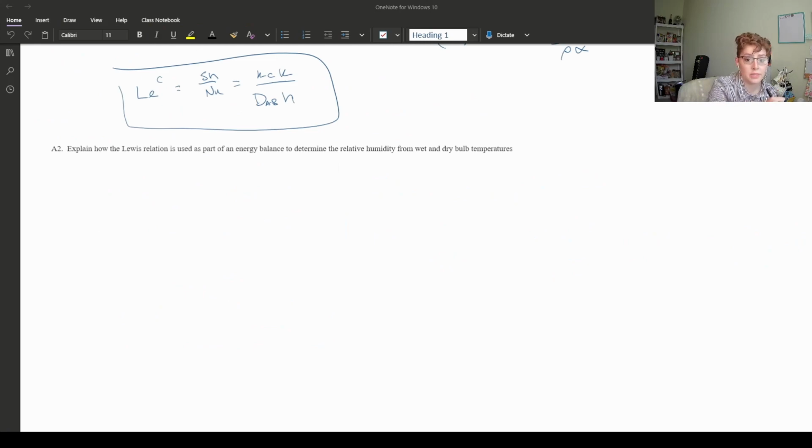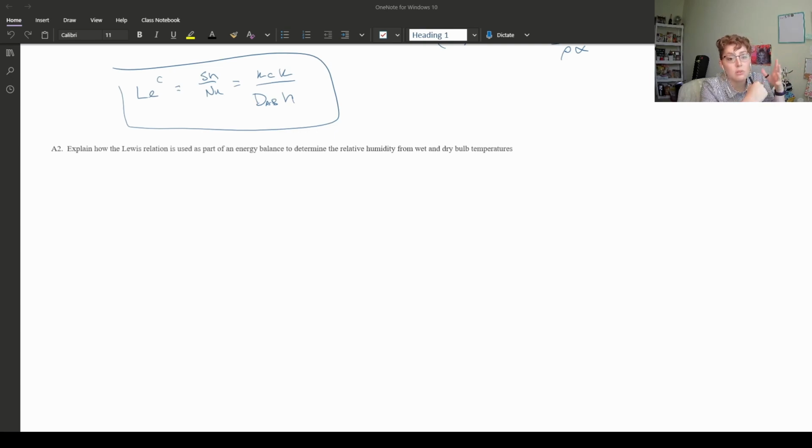So now we want to determine how to use the Lewis relation as part of the energy balance to determine relative humidity from wet and dry bulb temperatures. The concept of using wet and dry bulb temperatures to determine relative humidity comes from the idea that if you have a thermometer wrapped in something wet and then you swing it around, liquid will begin evaporating from the surface of the thermometer bulb, and it will give you a lower temperature reading since energy is needed to convert that liquid water to a gas.